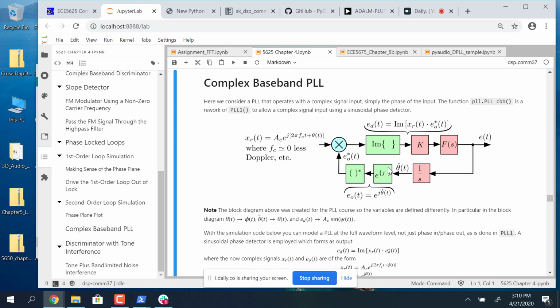We'd want to be able to simulate what's going on inside the control portion of the loop, but the problem is we'd have to sample at greater than twice the highest frequency, which would be essentially greater than the carrier frequency, and that would just make things very, very slow. So the complex baseband loop is definitely the way to go.